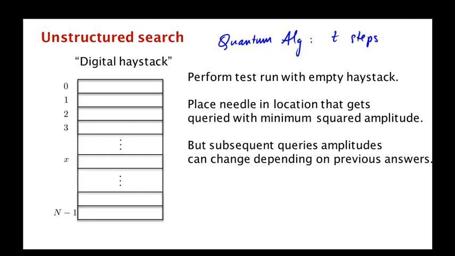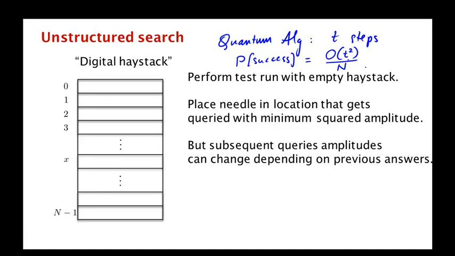How does it increase as t increases? So what we're actually going to show is that the probability of success is going to grow only as t squared over n. And this is why, if you want any significant success probability, you have to use t to be about square root of n.